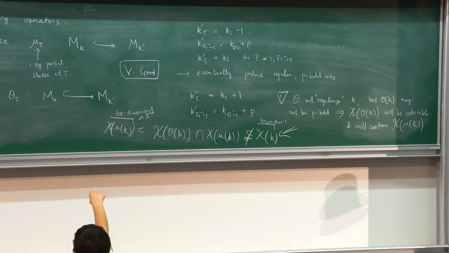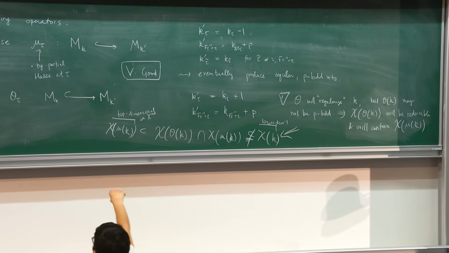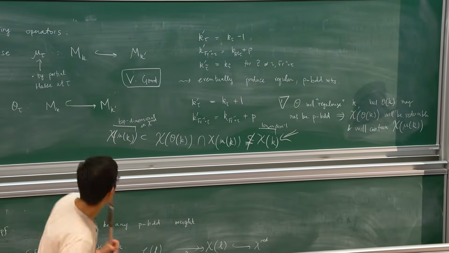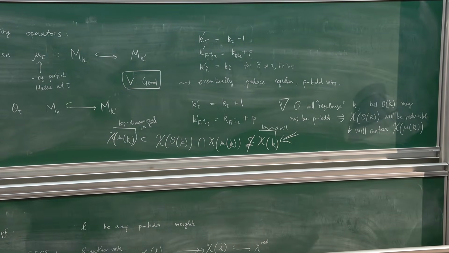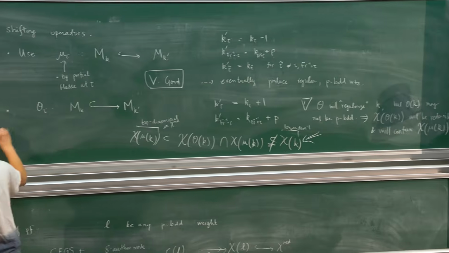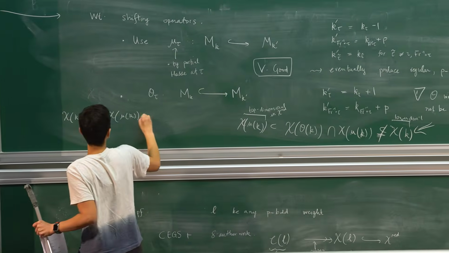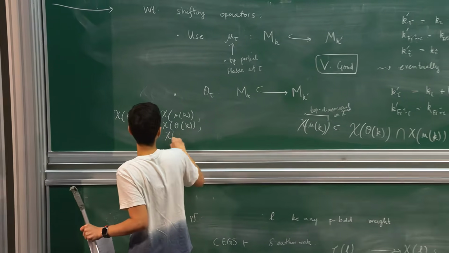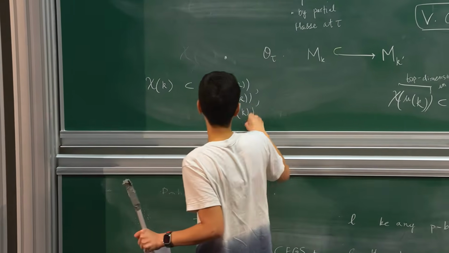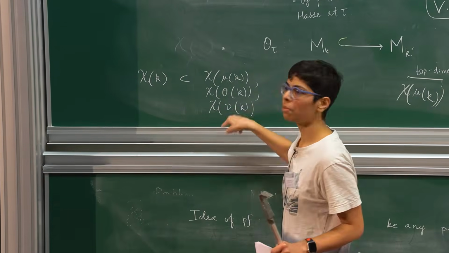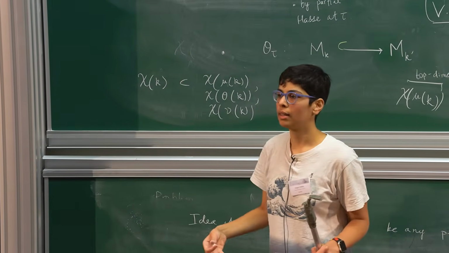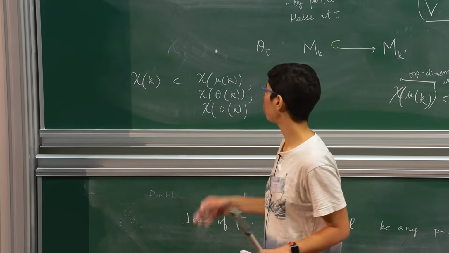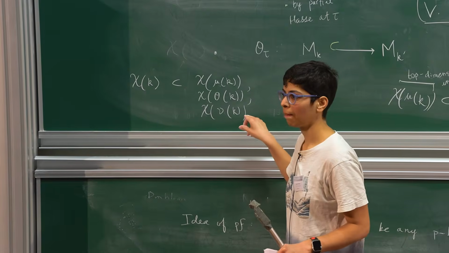In fact, on the spectral side you do have inclusions of Xk into X mu k and X theta k, where I'm not indicating the subscript because you can apply multiple ones successively, as long as they produce something p-bounded.